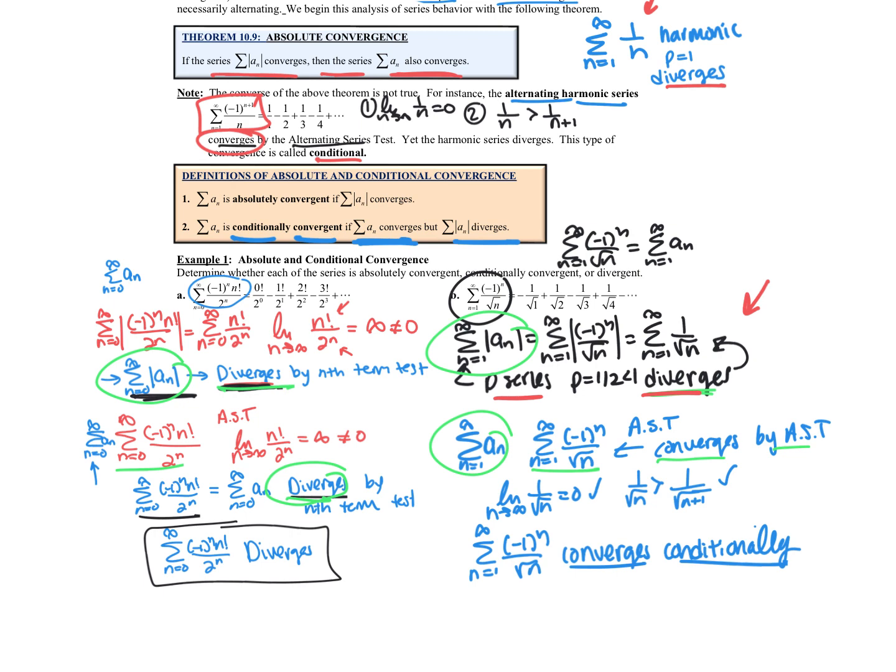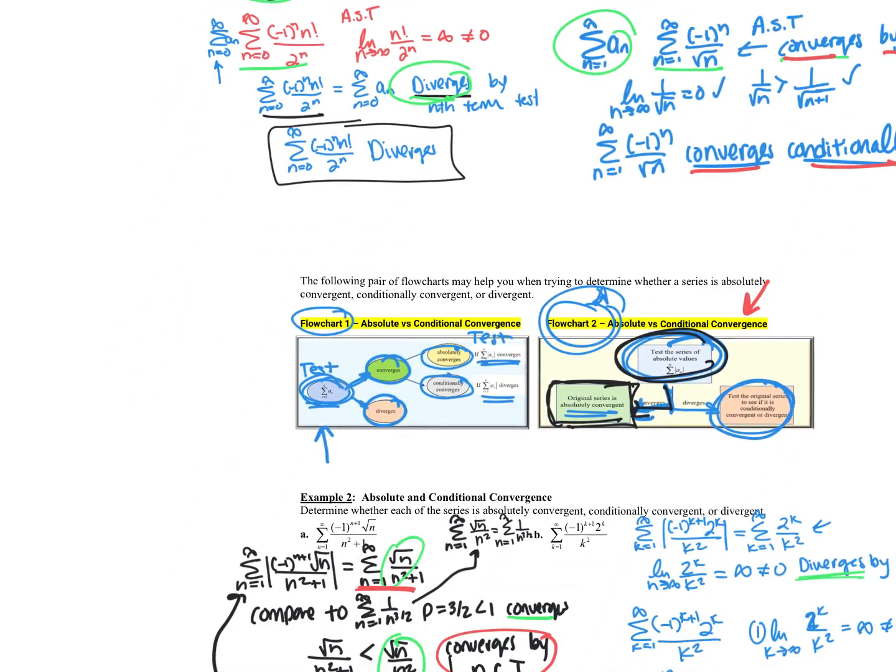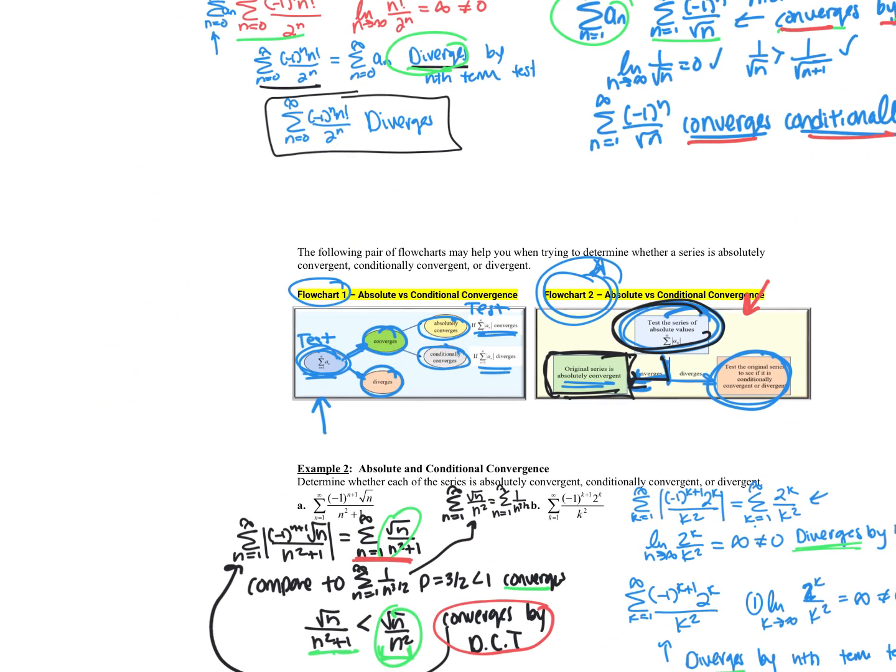And that's why we ended up with conditional convergence, because then the non-absolute value with the alternating converged by the alternating series test.